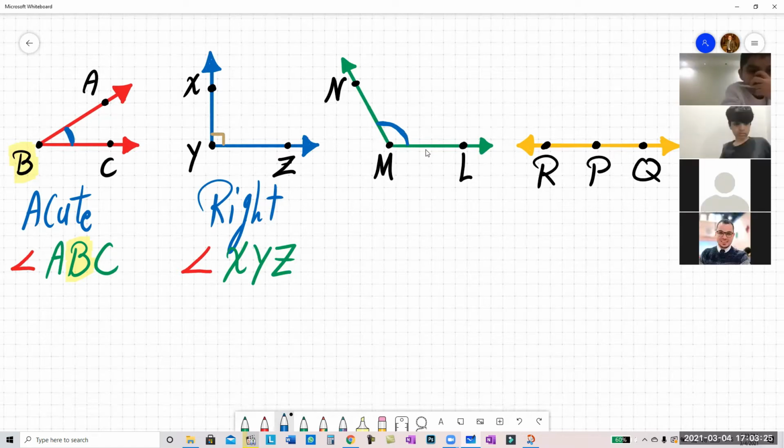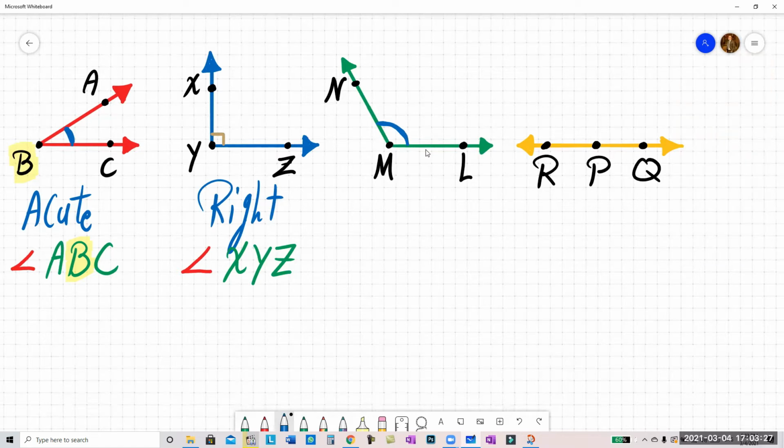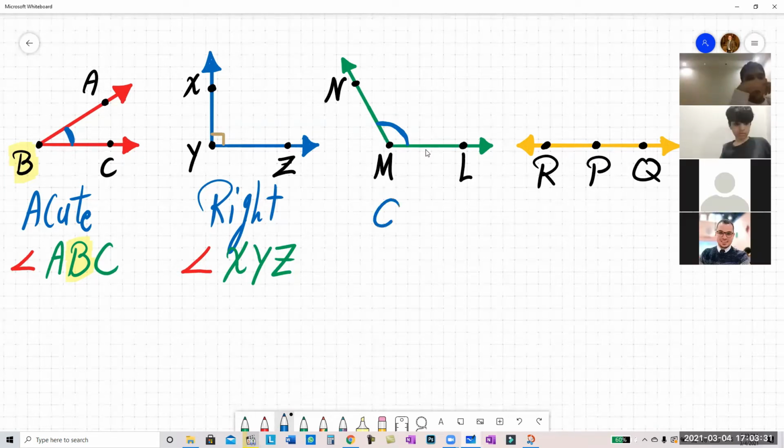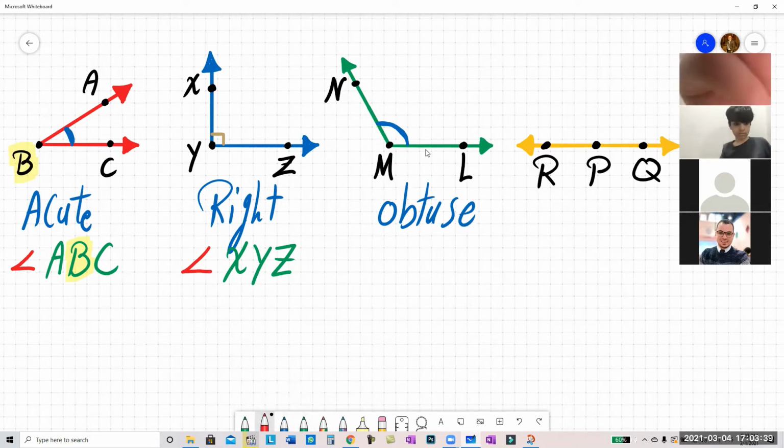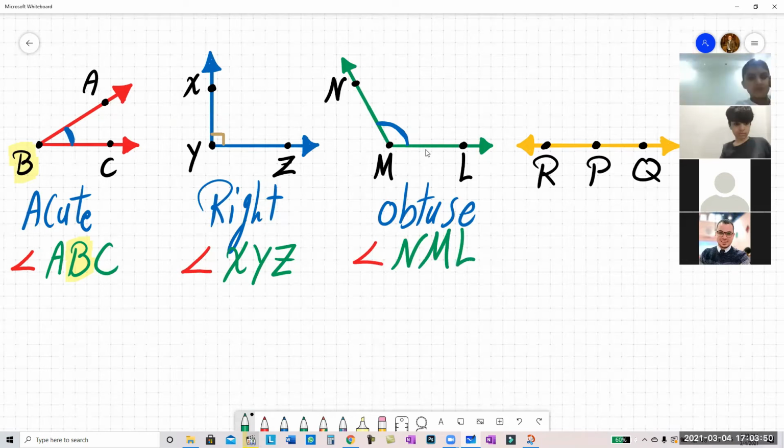What is this angle type? Obtuse angle. Obtuse, great. So this is an obtuse angle. And can you read it, please? NML. Okay, so it will be NML. Great. Thank you so much, Qarrar.